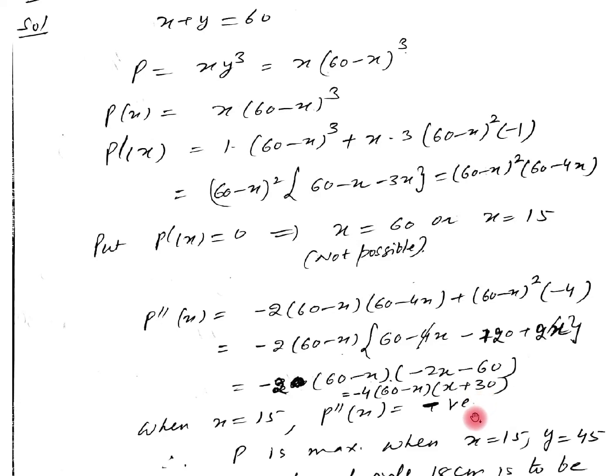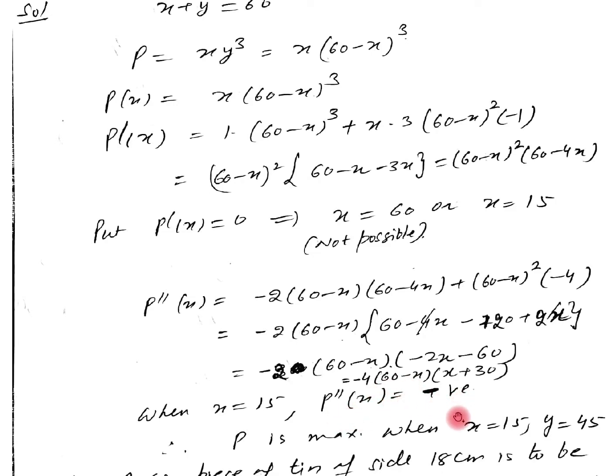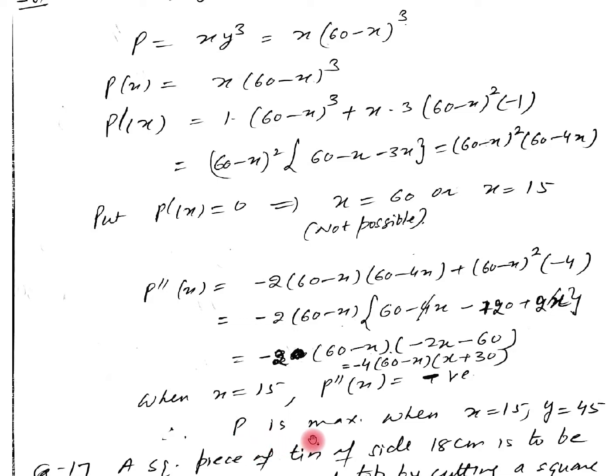(x plus 30). Then when putting x equal to 15, the second derivative should be negative. So therefore P is maximum when x equals 15. It means the first number is 15 and the second is 60 minus 15, equal to 45. Again, 12th class students, make the correction here in the calculation.